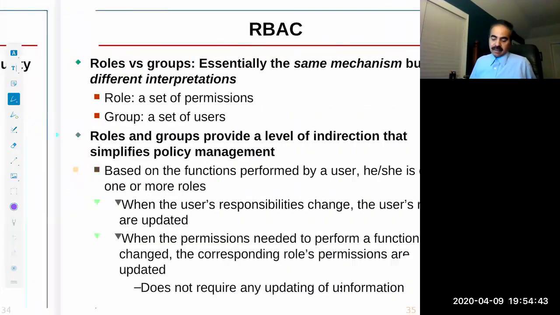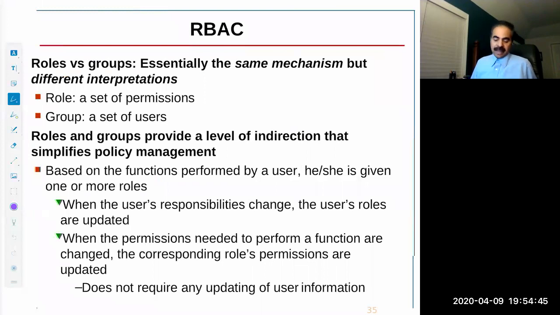So the first mechanism for doing this is what is called role-based access control. So what is a role? You often hear that there is nothing in computer science that cannot be solved using an additional level of indirection, and roles provide this kind of indirection.